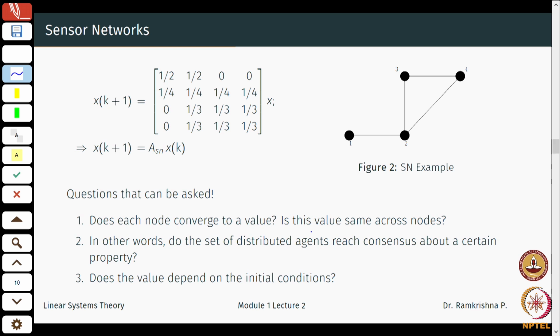Now, does that value depend on the initial conditions? What does it mean about convergence? Does it converge to a value? So, I just want to see what happens to x(k) as k goes to infinity.